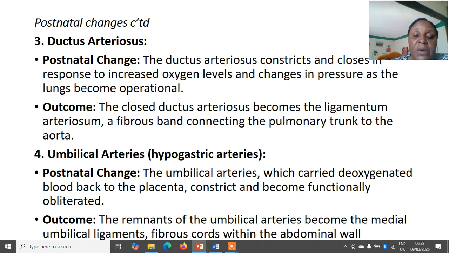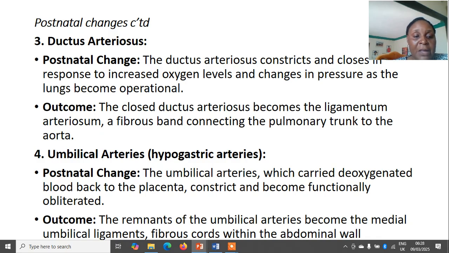It is a fibrous band connecting the pulmonary trunk to the aorta. So in adulthood, we shall see a fibrous band which will connect the pulmonary trunk to the aorta, and it is the ligamentum arteriosum, which was the ductus arteriosus in utero.